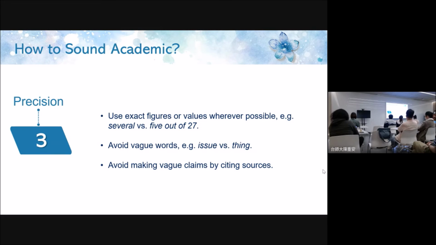Avoid making vague claims by citing sources. You can't just say, I feel like it's important, but you will cite sources that also believe this is important. So you reference others' work to support your ideas, and your claim will sound more convincing.